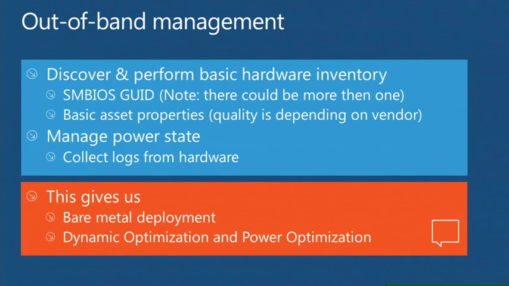That's why they need to control the power state. When the machine is needed, we power them on again, and we redistribute the load again. So that is core parking, just a higher level. This is more server parking. So this gives us the opportunity to do bare metal deployment and dynamic optimization and power optimization.